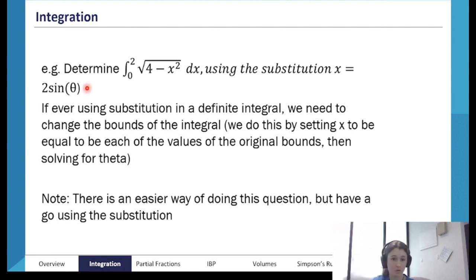So, the reason that we're choosing to substitute using trig is because we have this surd, and when we're using our trig identities, we often have a lot of trig identities that have a squared trig component and a constant number.